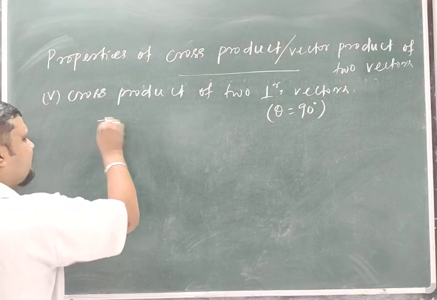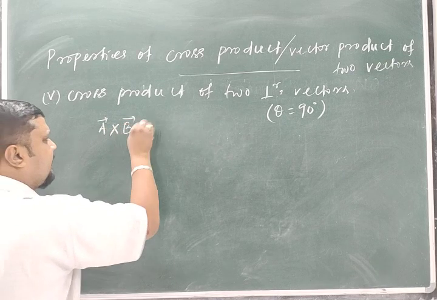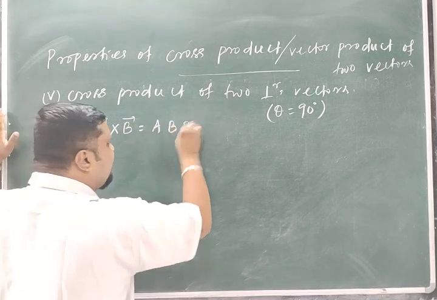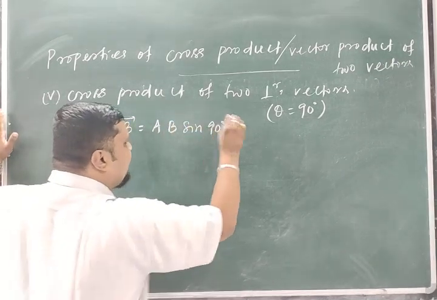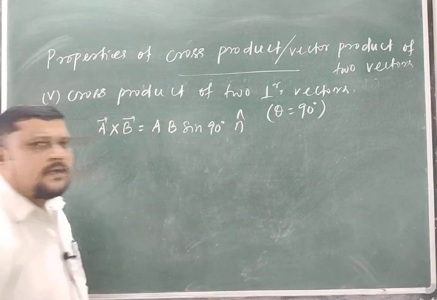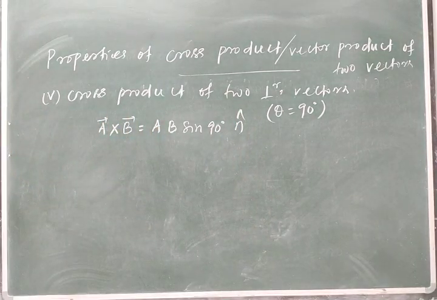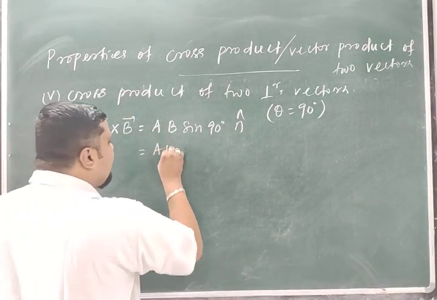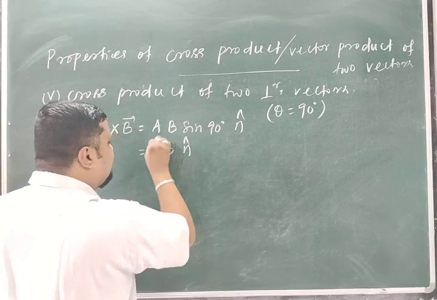So I will write A cross B equals magnitude of A, magnitude of B, sine 90 and n cap. What is sine 90? 1. So this is equal to AB n cap.